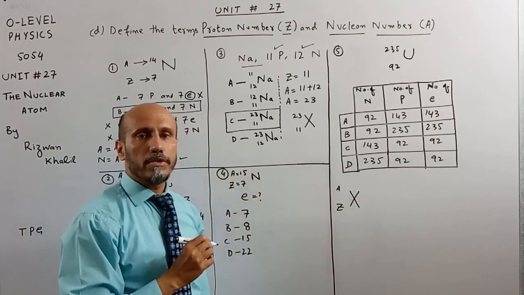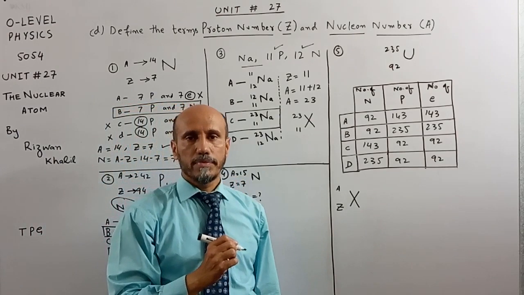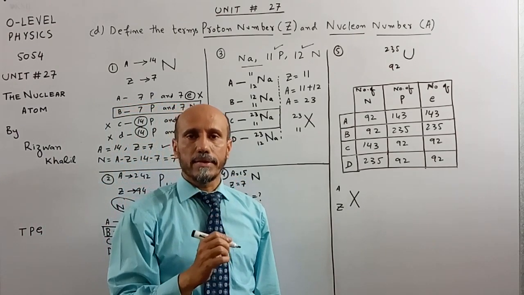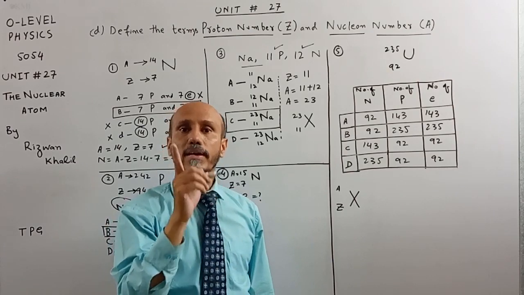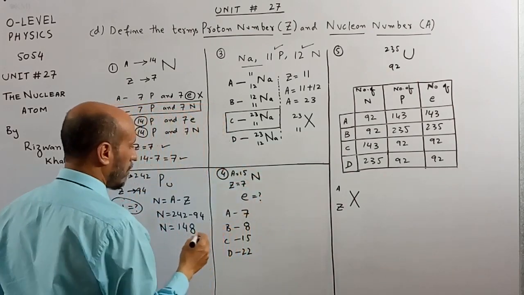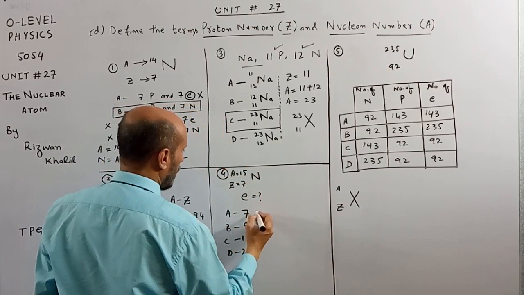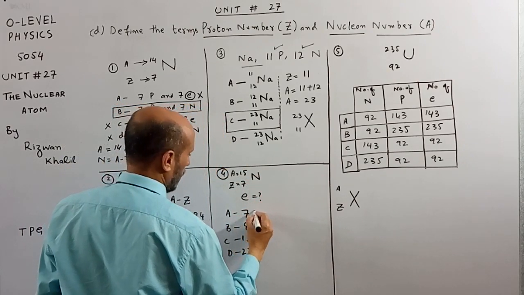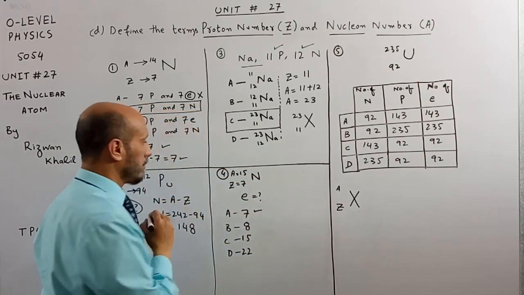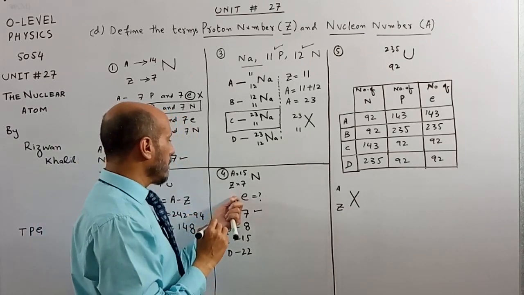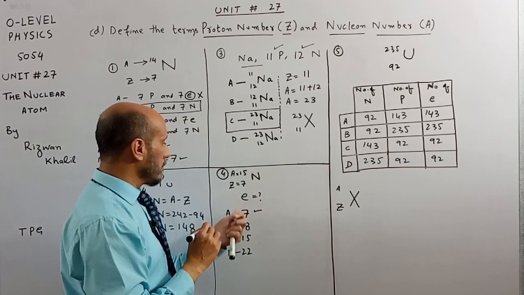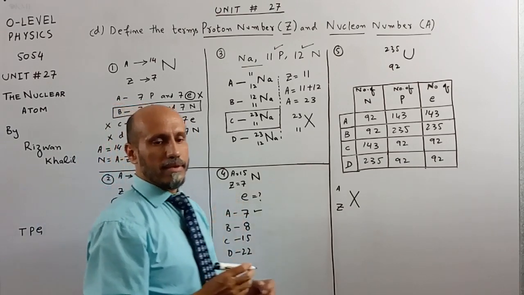Z stands for the number of protons, and we know that the number of protons is equal to the number of electrons. So which option is the correct option? Option A. So it has 7 electrons.